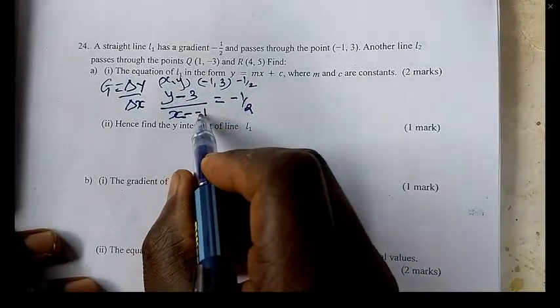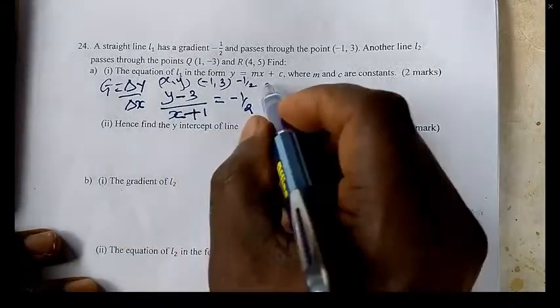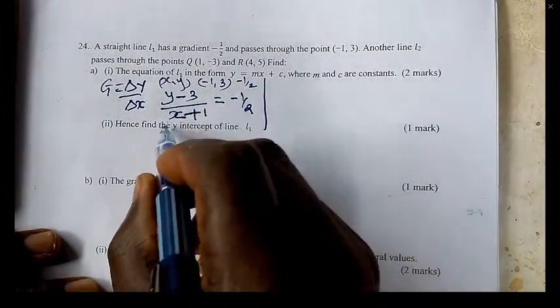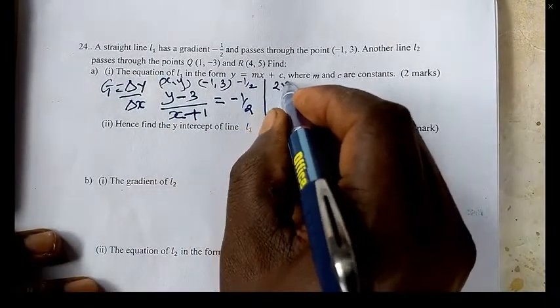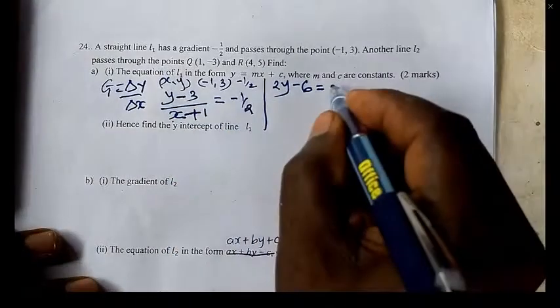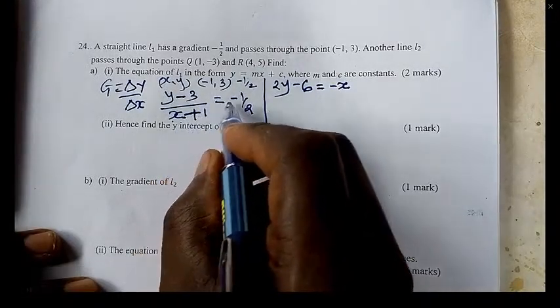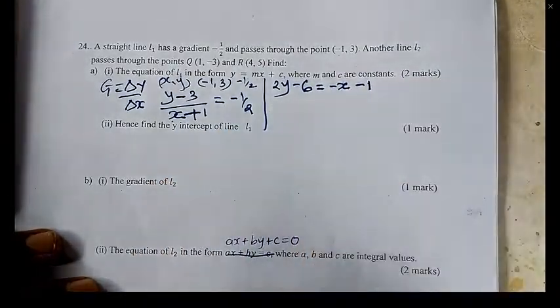Cross multiply: we are going to have 2y minus 6 is equal to negative x, times negative 1.